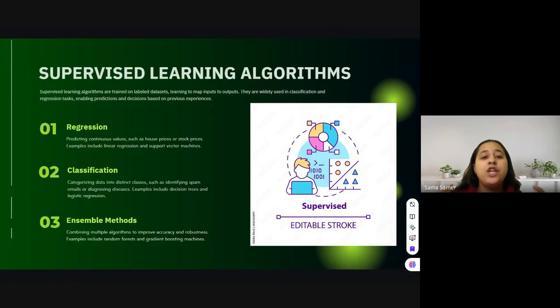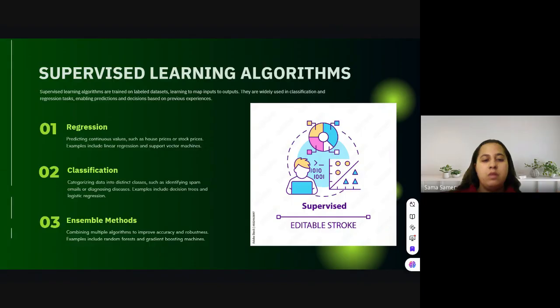So classification is about grouping the things that have the same answer or the same pattern or the same properties. So here, identifying whether an email is spam or not, diagnosing diseases, knowing whether this disease occurs in this sample or not. This includes decision trees and logistic regression.